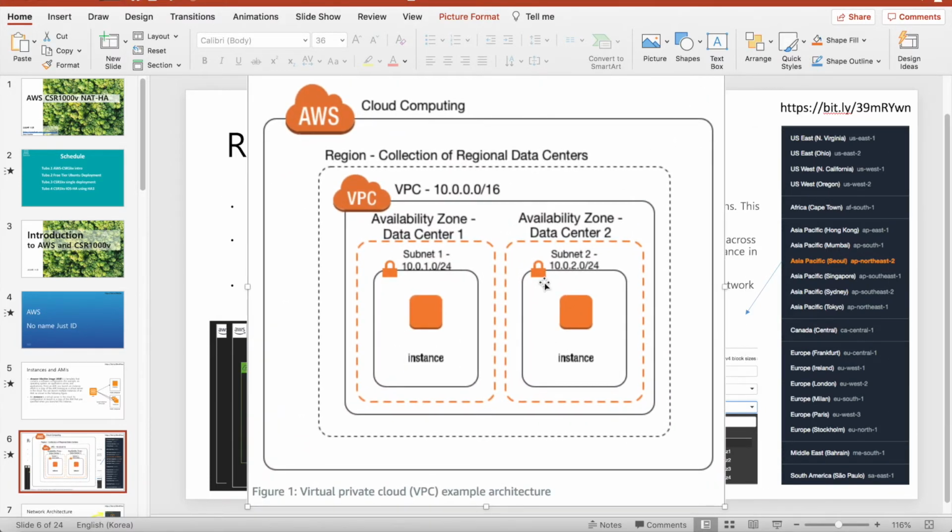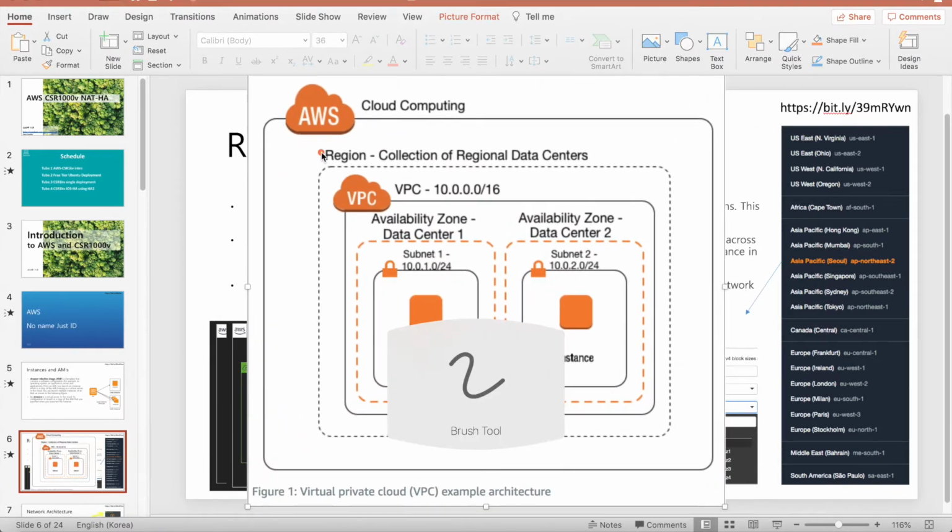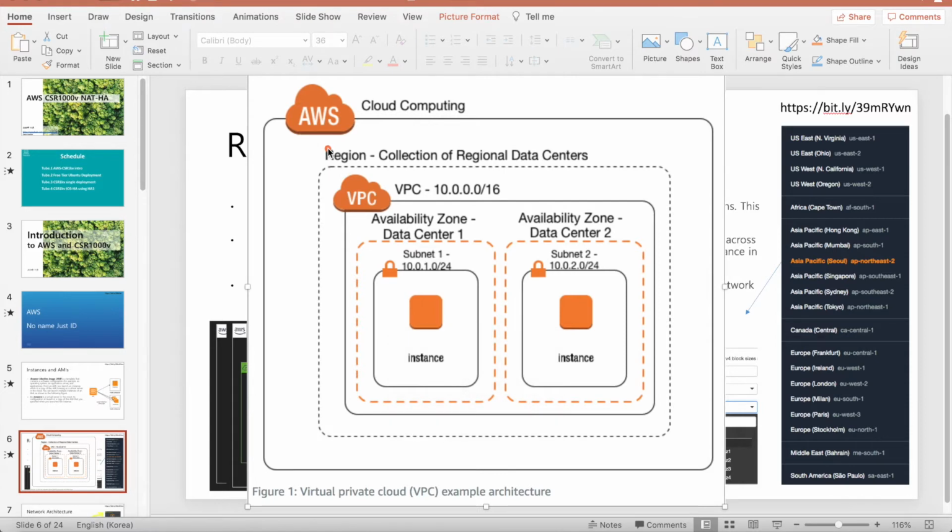Okay. Here, when you use AWS, you have to choose the region first. It's the first job you have to decide. Then you will make a VPC. VPC is almost the same as a tenant or VRF. So one tenant or VRF cannot communicate with the other VRF.